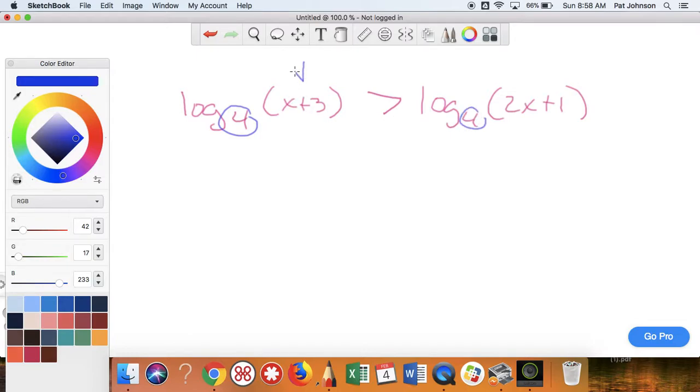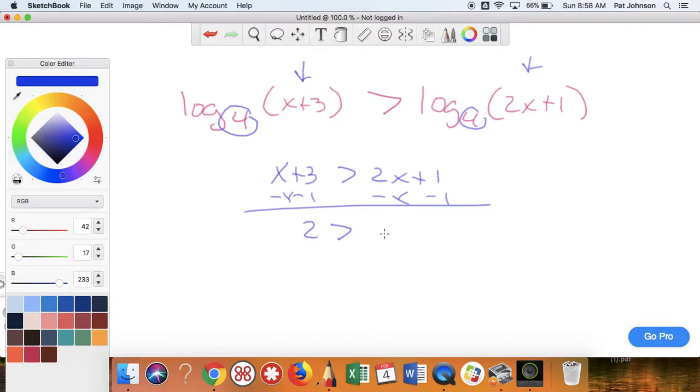What are my arguments? x plus 3 and 2x plus 1. So the property says this log is greater than this log if and only if x plus 3 is greater than 2x plus 1. Now we use algebra to solve, so I minus 1 minus x, and I get 2 is greater than x, or basically x is less than 2 is my solution.